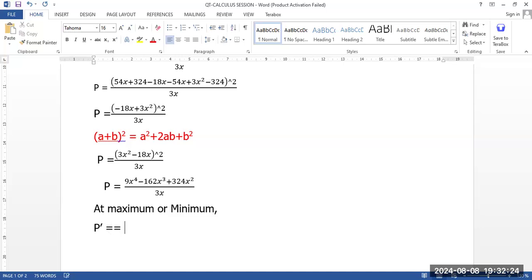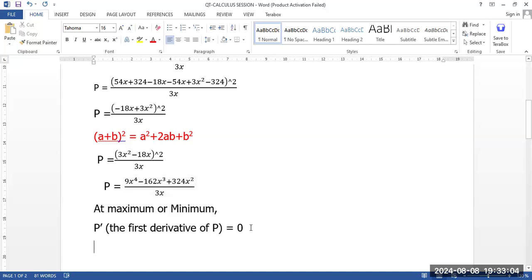0. At maximum or minimum, always know that the first derivative is equal to 0.